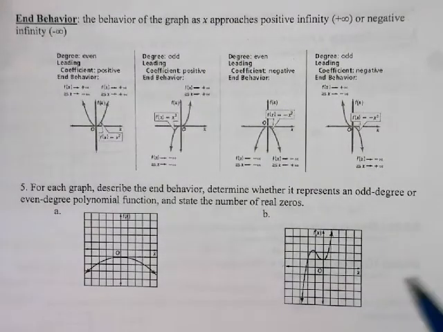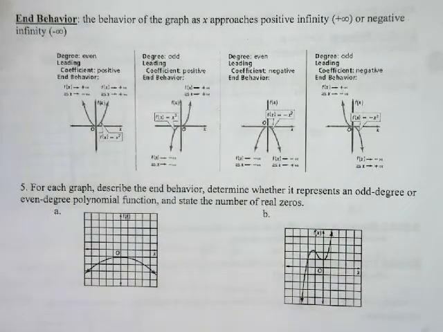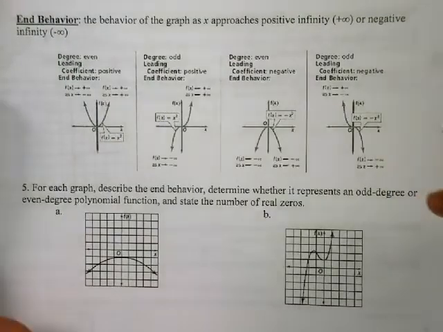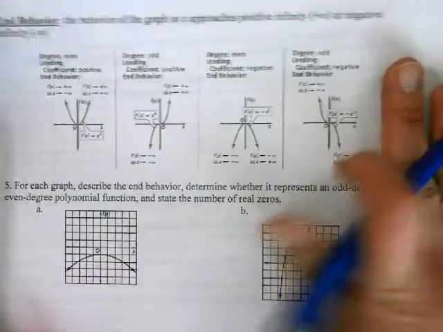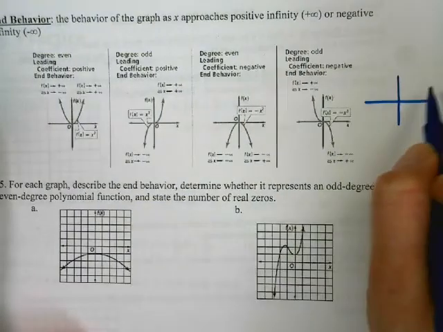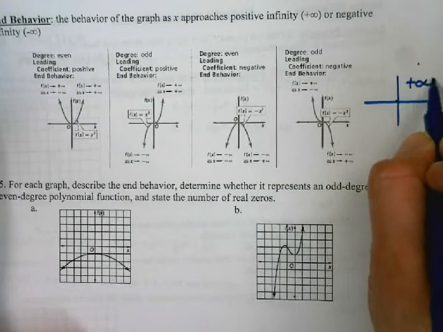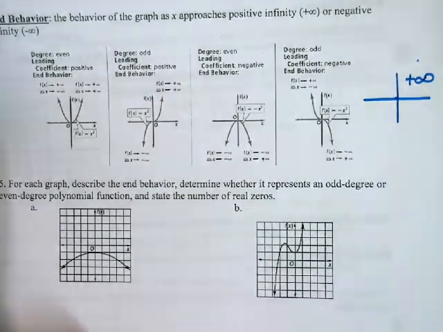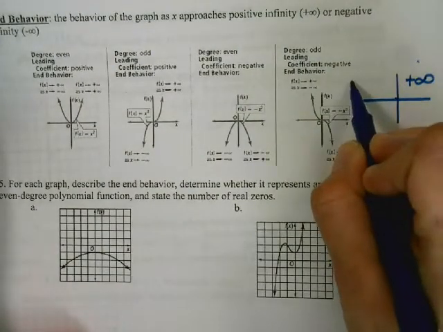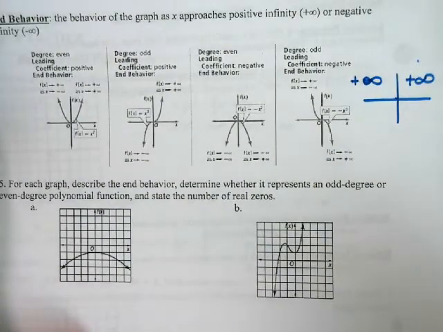All right, so these are just some examples of what can happen. It follows a pattern, okay? I don't want to discount the value of this, but I want you to think about what your graph is doing. If your graph is going up this direction, he's going to positive infinity. If your arrow is in this direction, your graph is going to positive infinity as well.